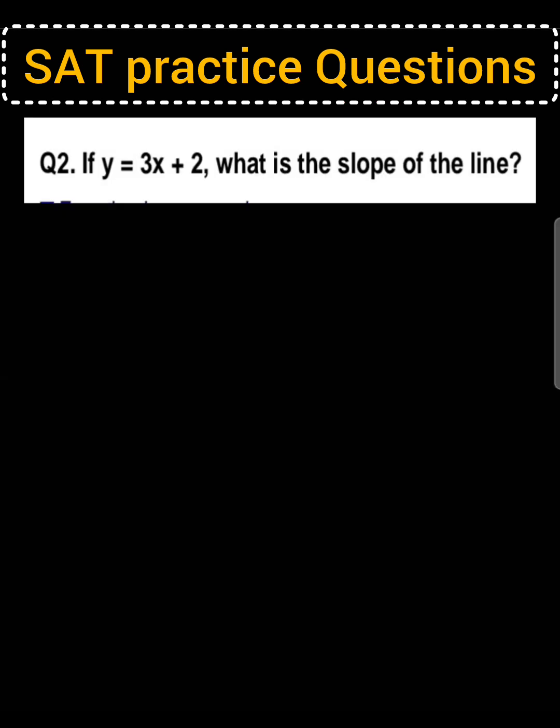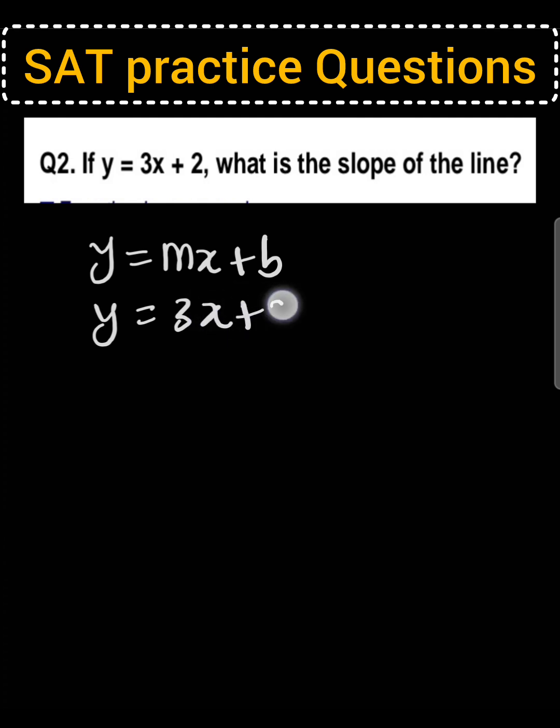Question number 2 reads: if y is equal to 3x plus 2, what is the slope of the line? If you look at this equation, y equal to 3x plus 2 is in slope and intercept form. The equation is given as y equal to mx plus b. If you compare, the given equation is y equal to 3x plus 2.